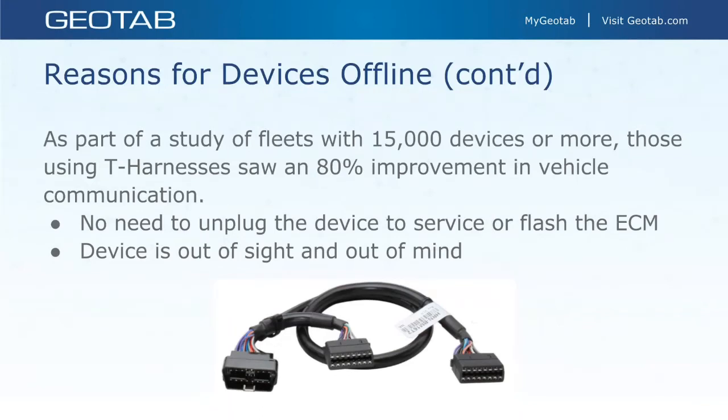If you take your truck or whatever down to the dealer, they might not know what a Geotab is, and they know that they just have to unplug it to get to it and plug it back in, and they might not know how to secure it or be aware that that 1/8 of an inch gap can cause problems. A T-harness eliminates all of that because you have an open diagnostic port at all times.